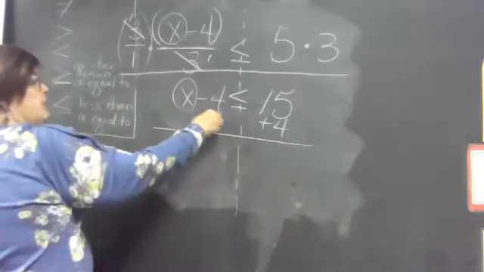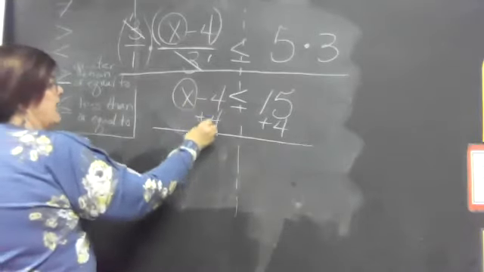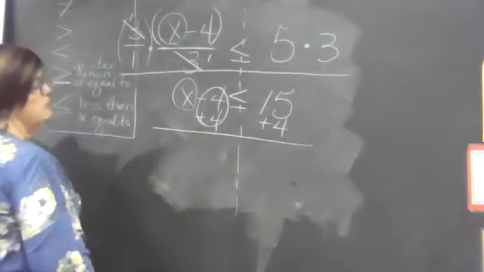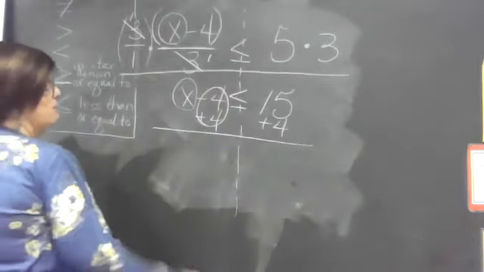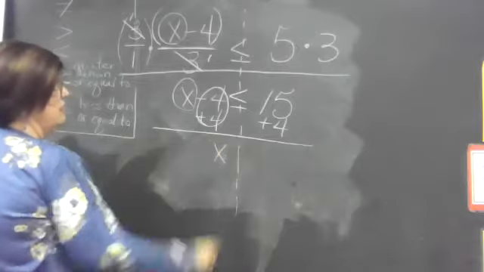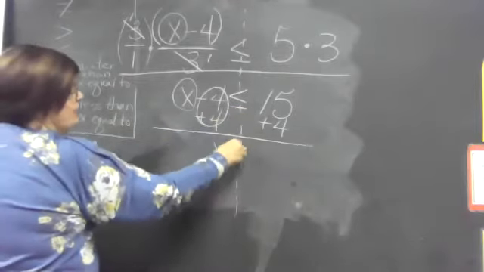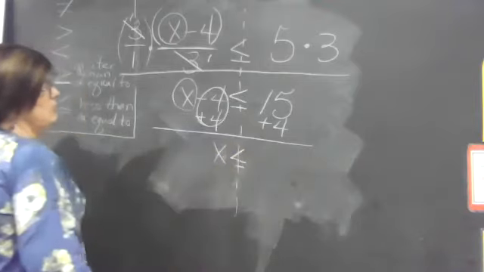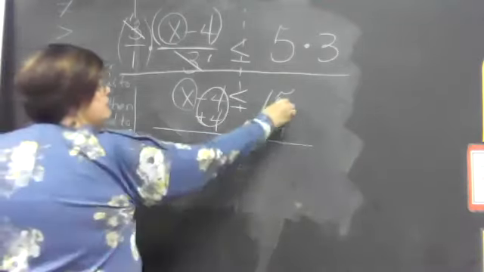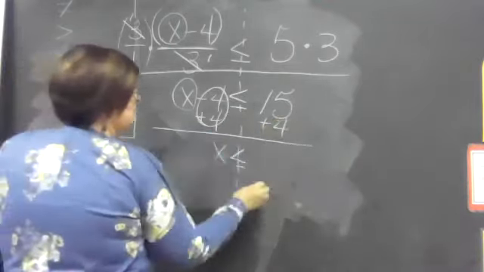So when we have the same number but opposite signs, adding those together are additive inverses. They zero out and I have an x left on this side. I bring down this sign. You guys will probably find yourselves putting equals, but go back and change it. Then 15 plus 4 is 19.